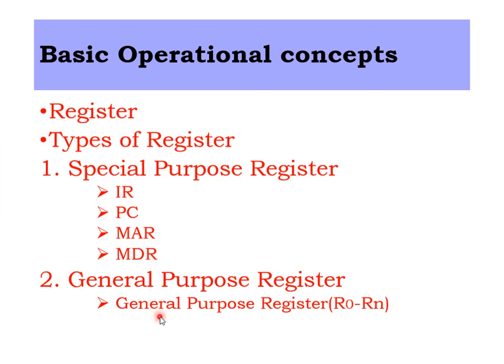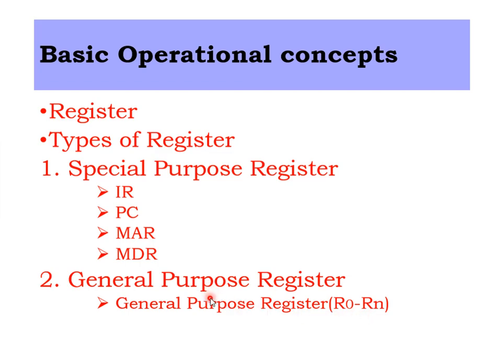Next is the general purpose register. General purpose registers available in the CPU are most of the time denoted by the labels R0 to Rn. N can be any count, for example R5, R6, R7, and so on.